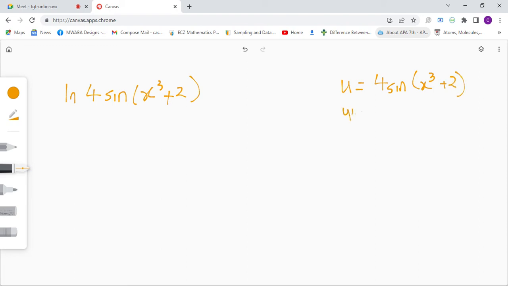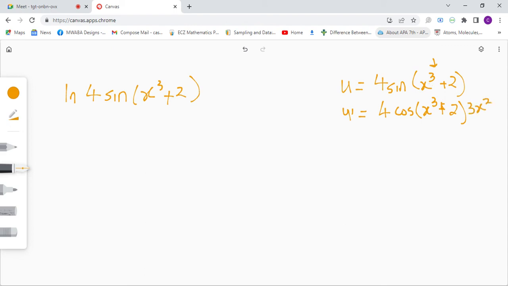Then when we derive u, the derivative of sine is cosine, so we have 4 cos x cubed plus 2. Then now we derive this expression inside, x cubed plus 2. The derivative of x to the power 3 is 3x squared.